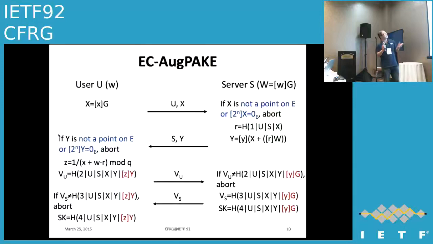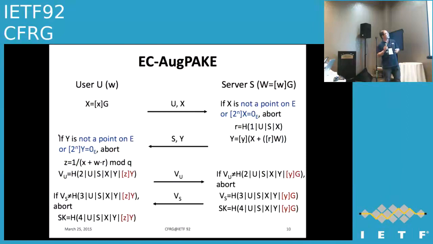This is the elliptic curve version of OPAKE. In terms of the checking of values, capital S and Y: after receiving capital S from user U, the server doesn't need to check the order of capital S. The server just checks that capital S is a point on elliptic curve E, and that 2 to the n times S is not equal to the point at infinity.